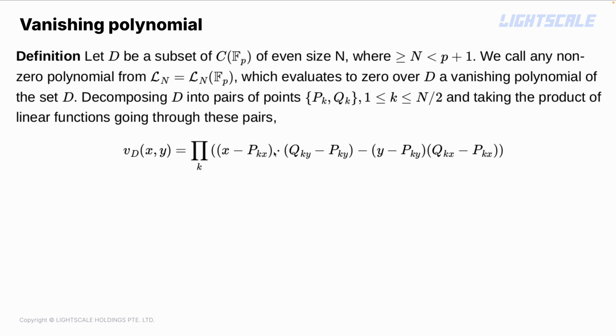This is a bit different because it's bivariate, not univariate. So x minus pkx. You can actually put the points pkx, qkx, y, and then you can see that this will actually evaluate to 0 at both pk and qk.